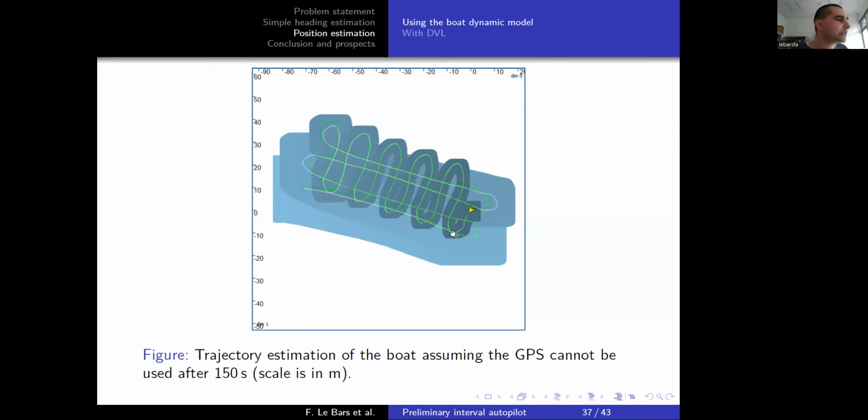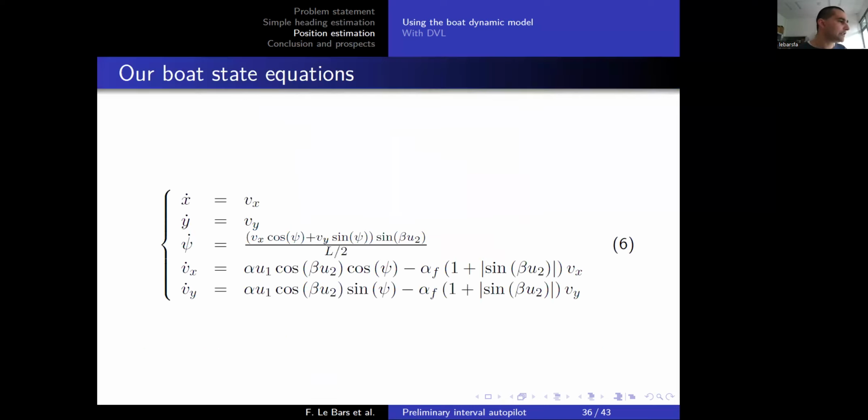So the beginning was here, and at some point we lose the GPS. So that's why in the end of the experiment, it seems that the position uncertainty is bigger. For that, we use this equation integrated with a similar algorithm as the one that I described for the heading estimation with intervals.